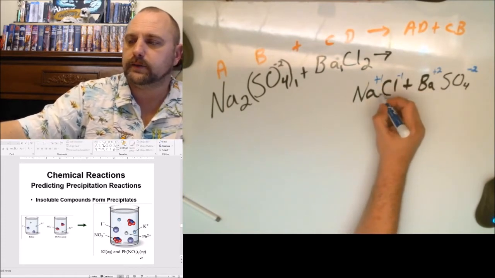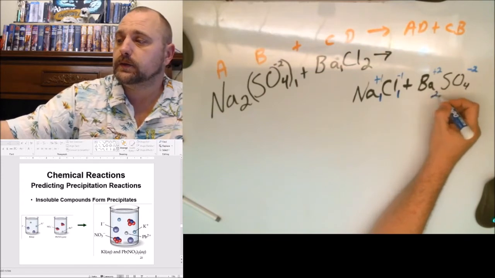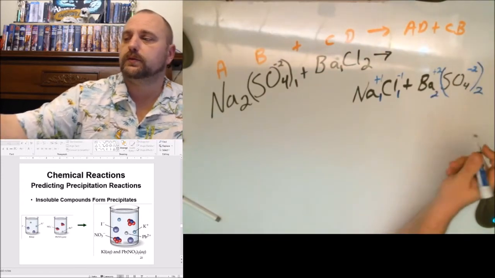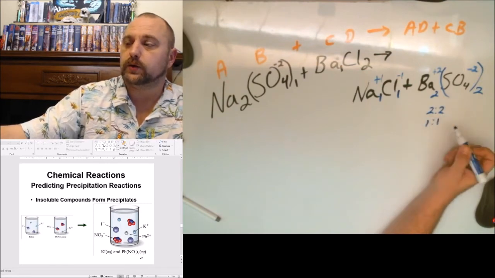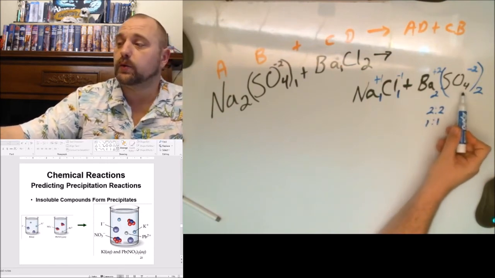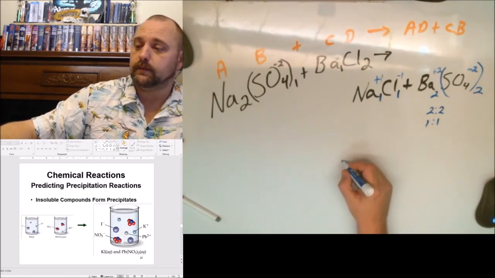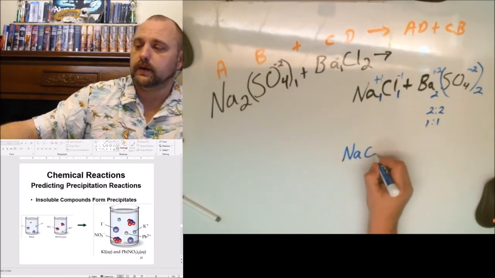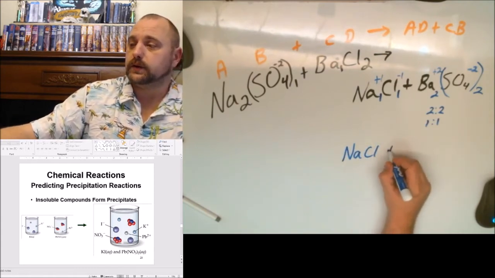So bring these down. This will be 1 to 1. And this will be 2 to 2. Don't forget this ratio is 2 to 2. That's the same as 1 to 1. The ratio is not 2 to 4. There's 2 of these pieces to that. And so when I write my final answer, we will not include the charges. We can leave off those ones.